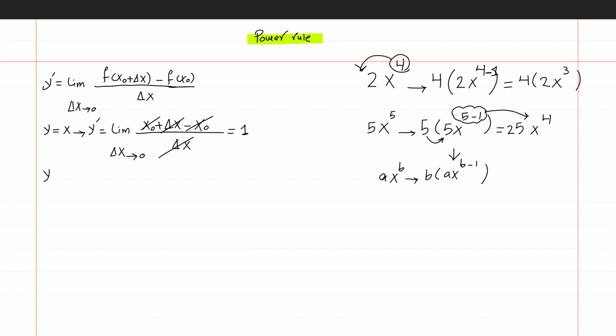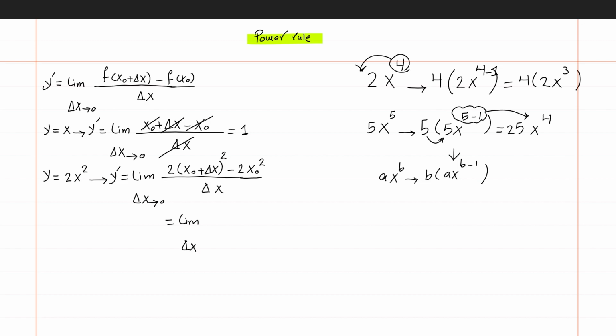And let's take the derivative of 2 times x squared. y prime will be equal to the limit as delta x approaches 0 of 2 times x naught plus delta x to the power of 2 minus 2 times x naught to the power of 2, all over delta x. We can simplify.